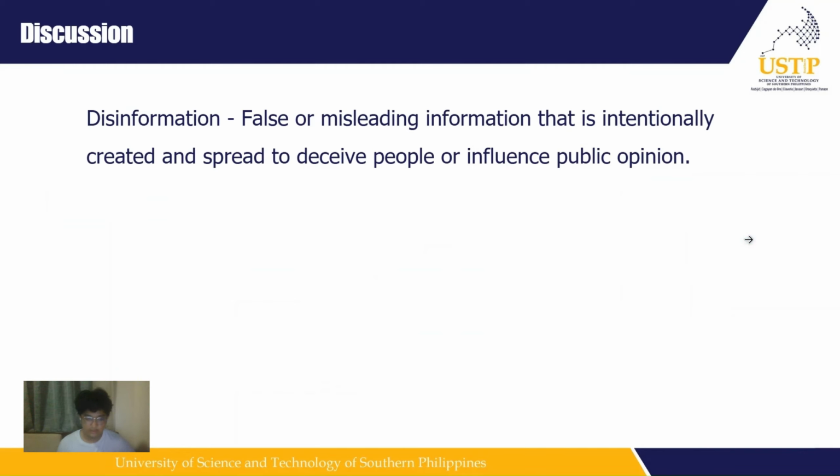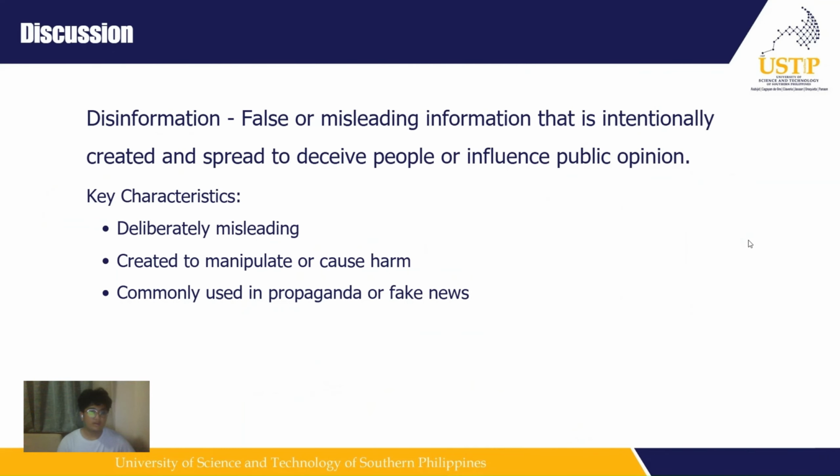Its key characteristics are that it is deliberately misleading, created to manipulate or cause harm to the public, and is commonly used in propaganda or fake news, such as in politics. It is used in politics to defame someone's reputation so that the people will naturally not want to vote for him or her.